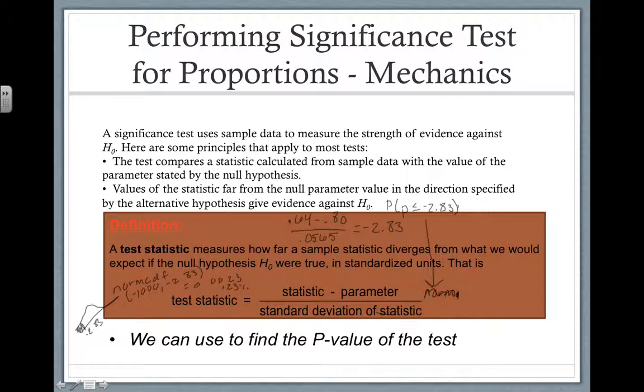That's too small to just happen by chance. This would imply that there is a problem with your null hypothesis, that the null hypothesis is incorrect. So we would reject the null hypothesis with a p-value this small.